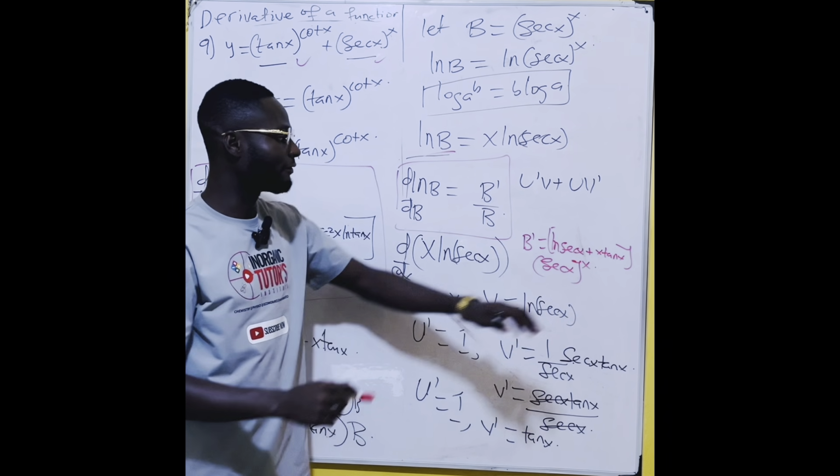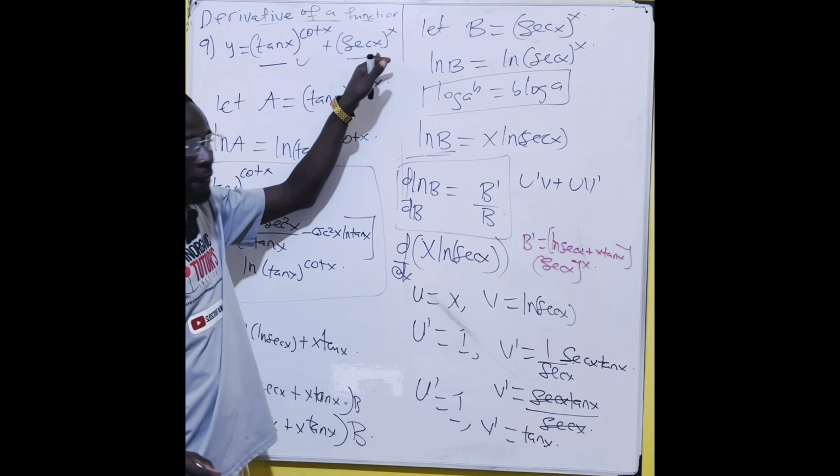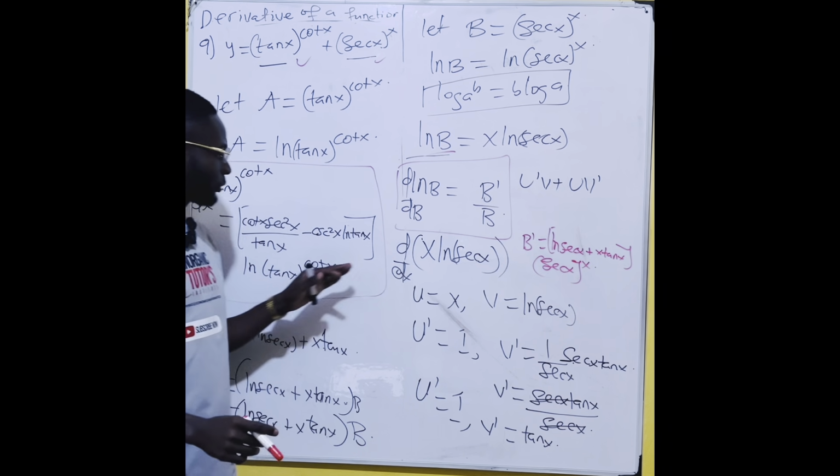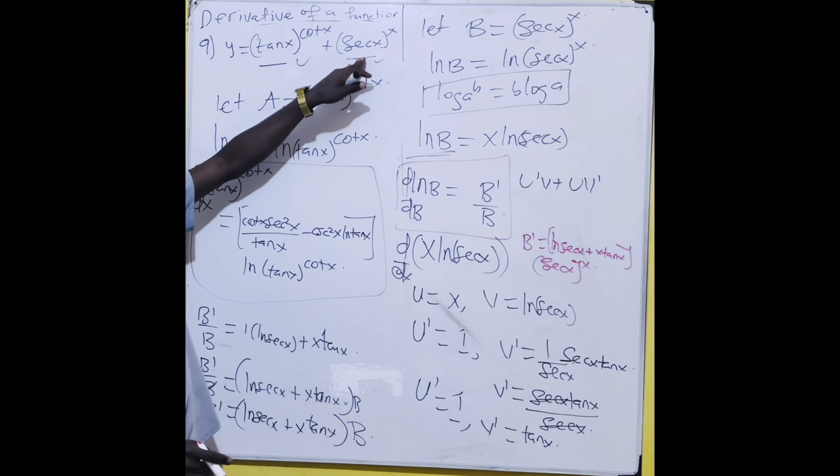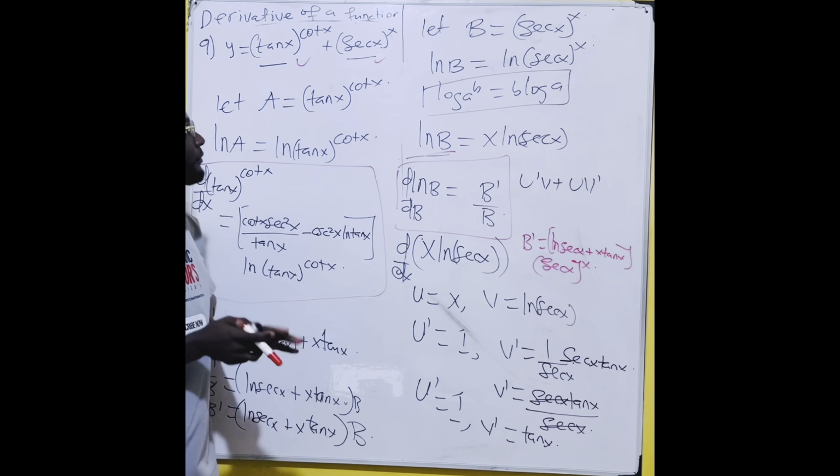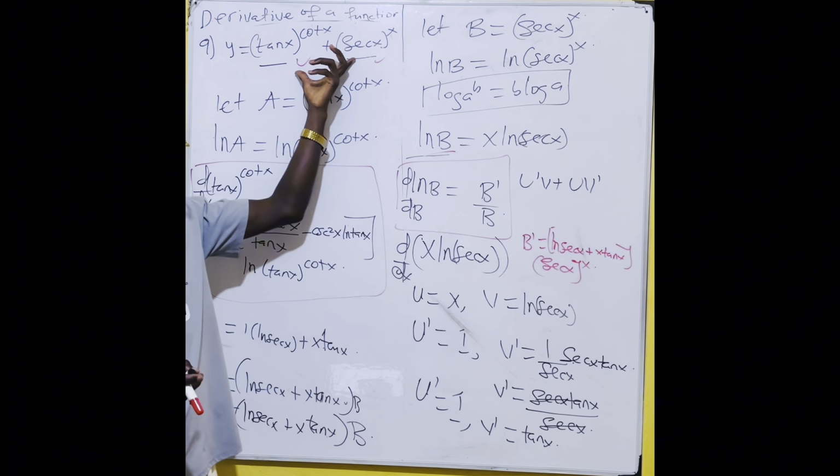So that is the derivative of the second term. So we're going to add this to this. Then the result becomes our derivative of the whole function.